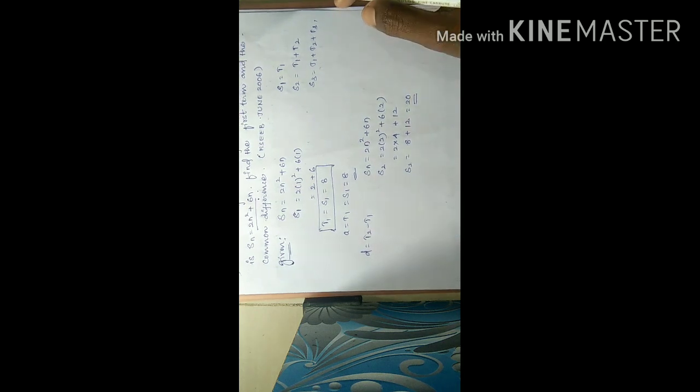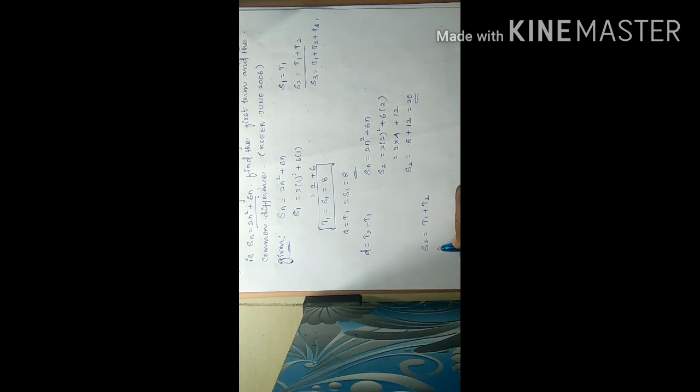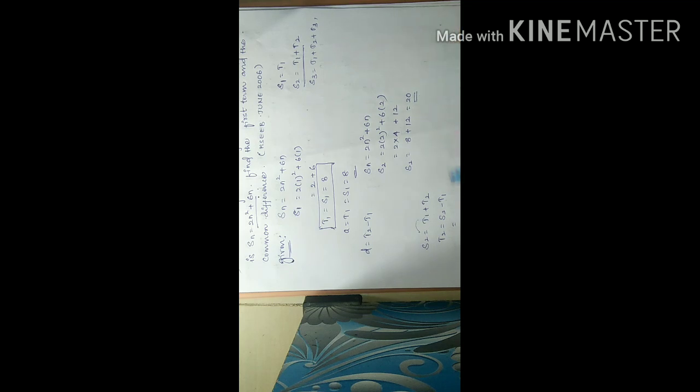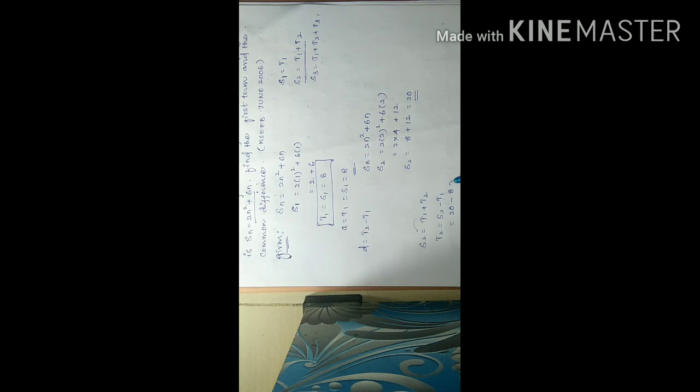Now here I told you in the beginning, that is S2 is equal to T1 plus T2. So here we need to find out T2 now. So T2 is equal to, take this T1 this side, that is S2 minus T1. S2 is 20 minus T1 is 8, that is equal to 20 minus 8 is 12. So we know T2 also.